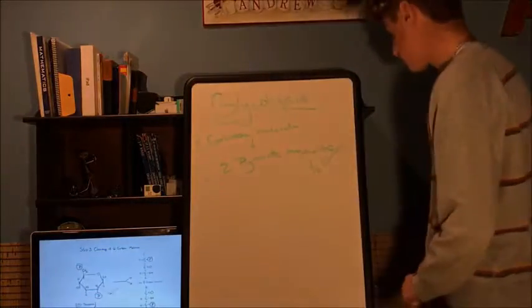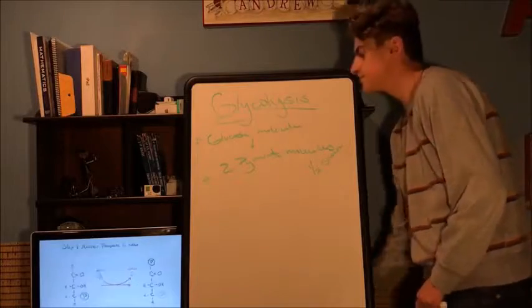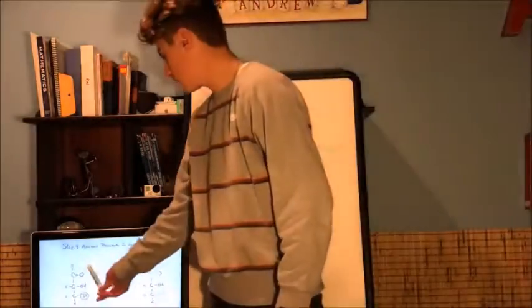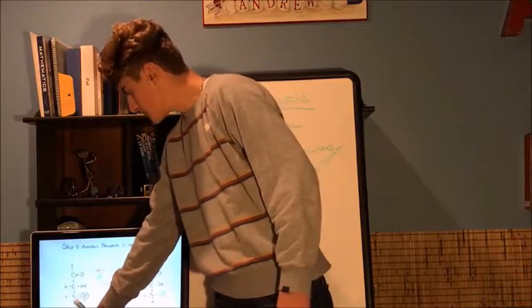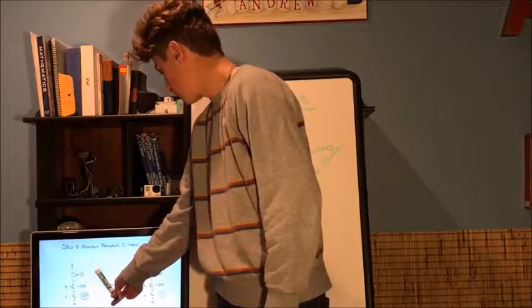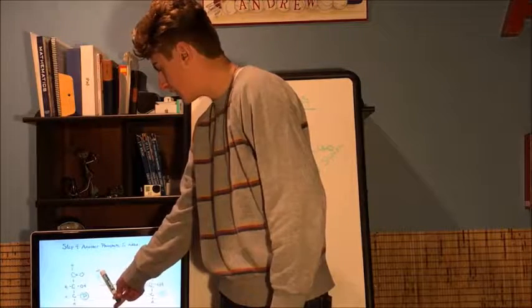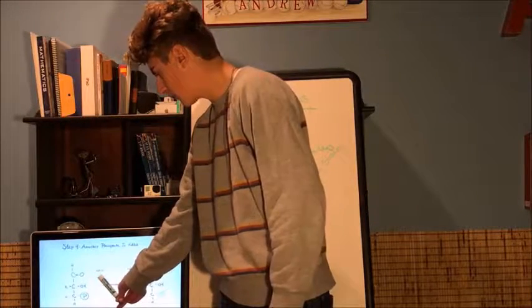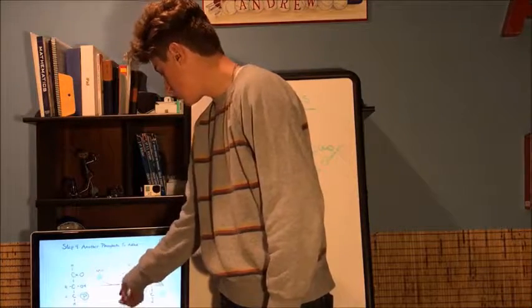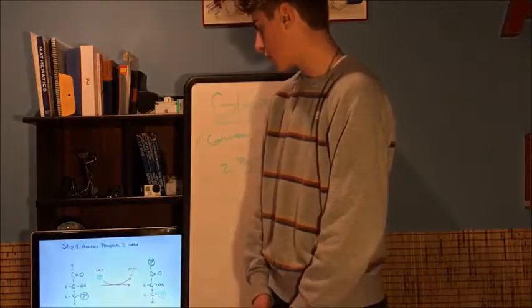So now you have your 2 3-carbon molecules, and now with each pyruvate, which are the 3 carbons, hydrogen, oxygen, and a phosphate, with the addition of an NAD plus and another phosphate, you create a 2-phosphate and 3-carbon pyruvate.